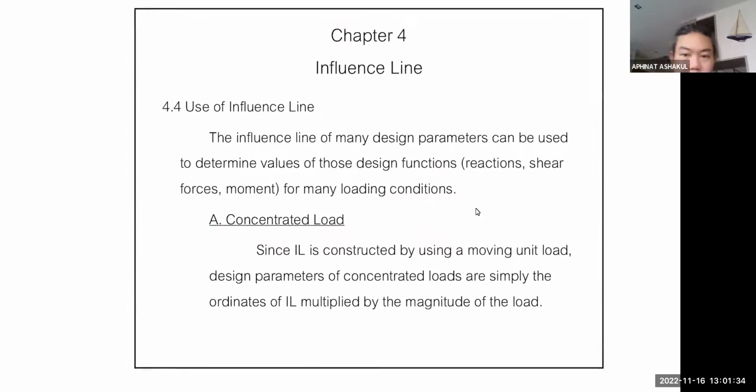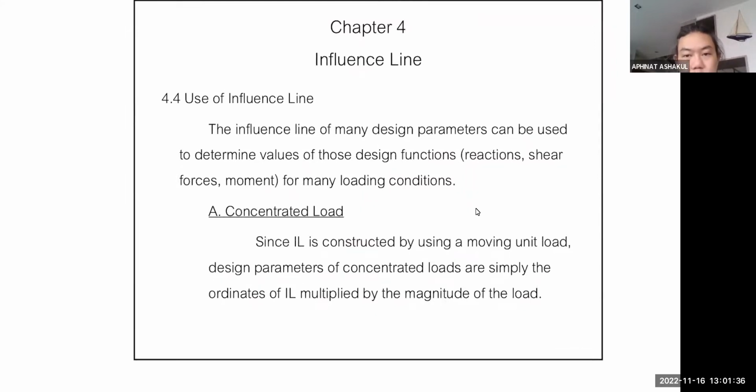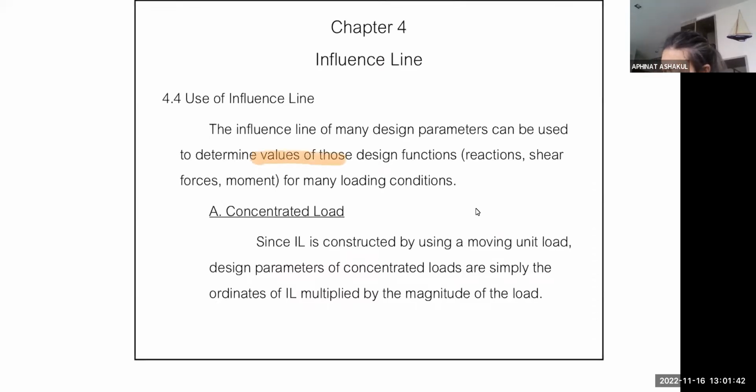Well, it can be used to determine the value of those design functions, of course, reaction, shear force, moment, and so on. So now we start from, if the load is a concentrated load, okay?